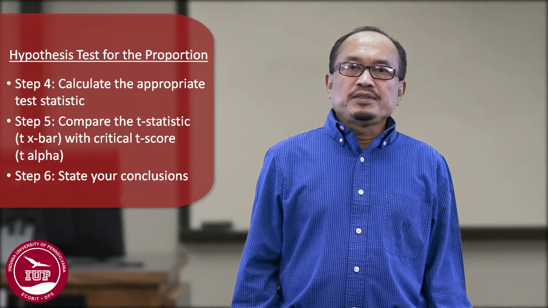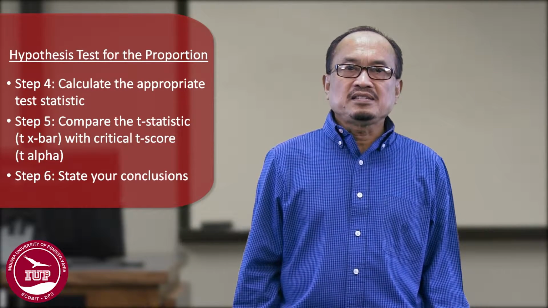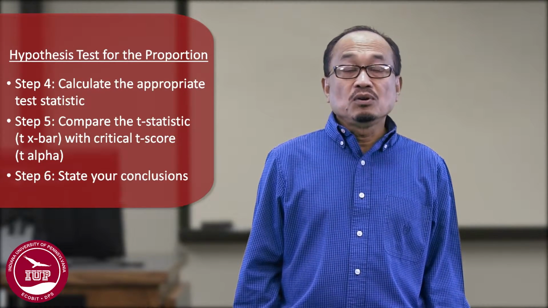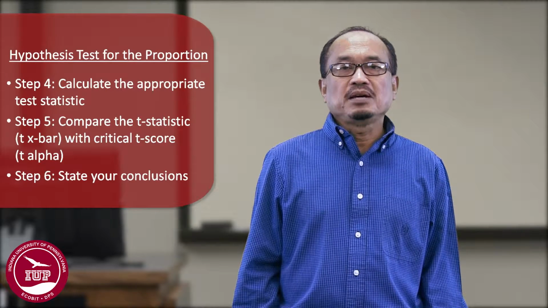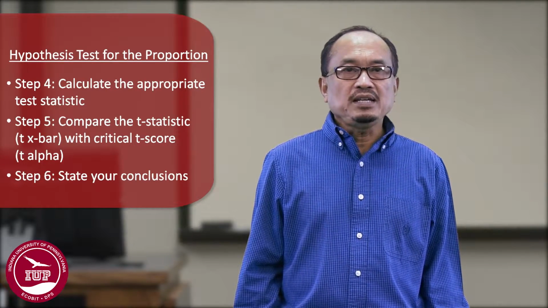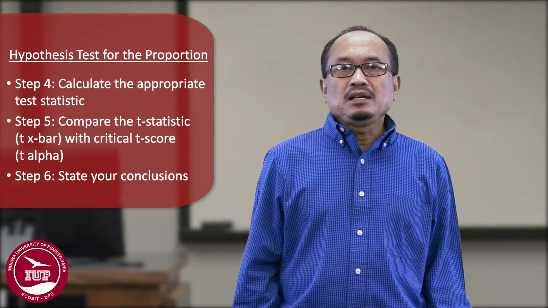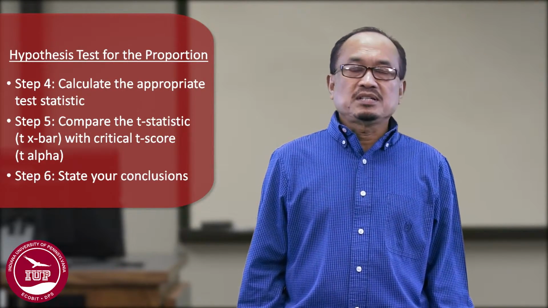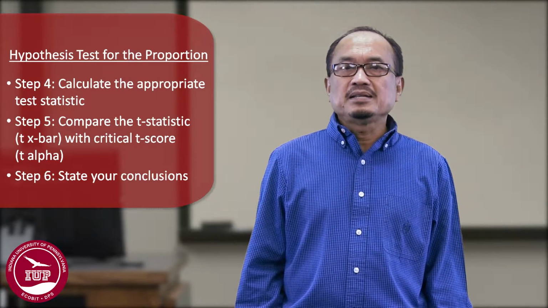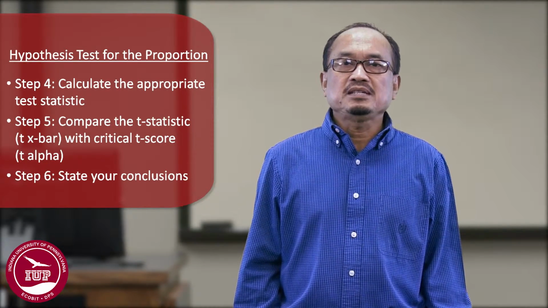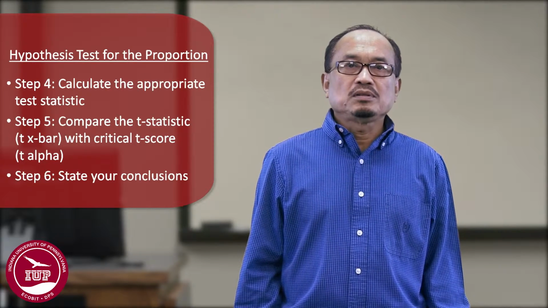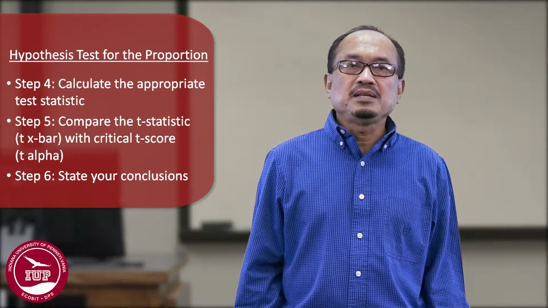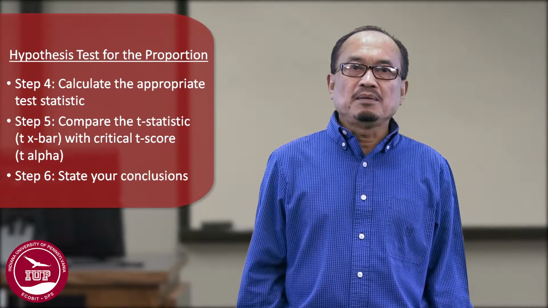Step 4. Calculate the appropriate test statistic. Use equation 9.4 to find our test statistic, where p-bar equals x divided by n, equal to 73 divided by 240, equal to 30%. Z proportion equals p-bar minus p of the null hypothesis, divided by the square root of p null hypothesis times 1 minus p null hypothesis, divided by n.